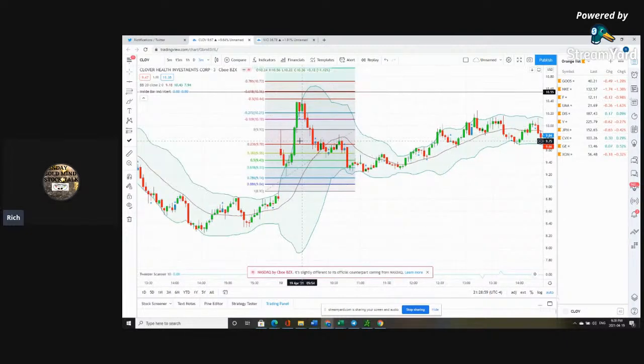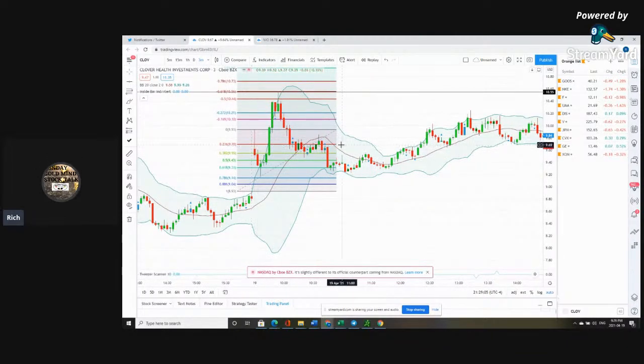So Clover opened with a gap up, which is a first and immediate sign of bullish presence. The reason we're gapping is because people were so excited to get into Clover that they bought in the pre-market. They also bought on the Friday close, pushing this up.